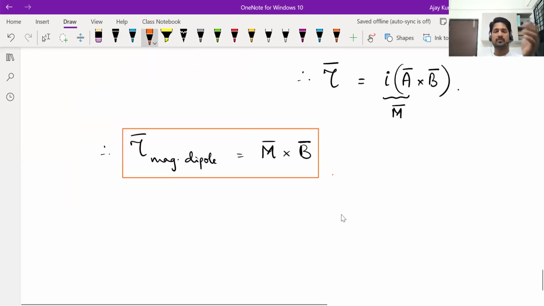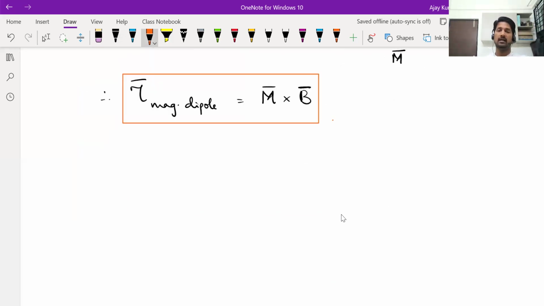Do any of you remember the expression for torque acting on an electric dipole in a uniform electric field? Okay. I'm asking about the electric dipole in an electric field.